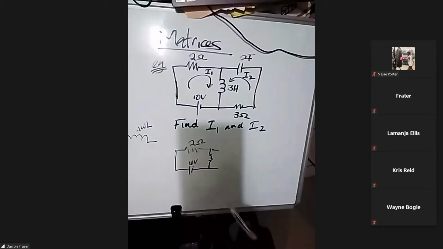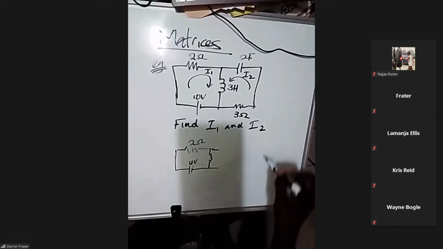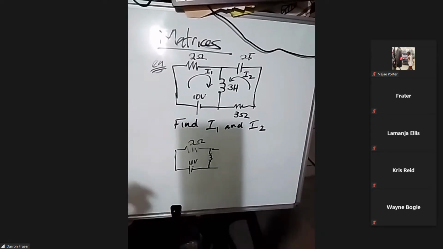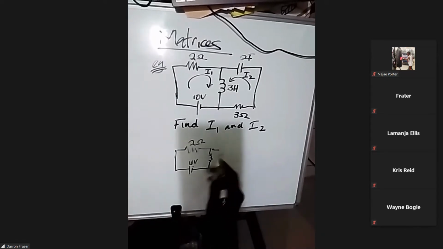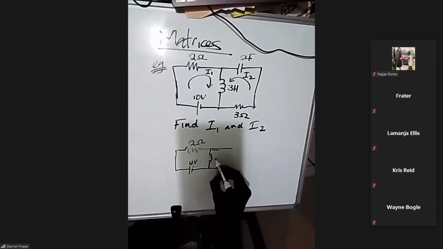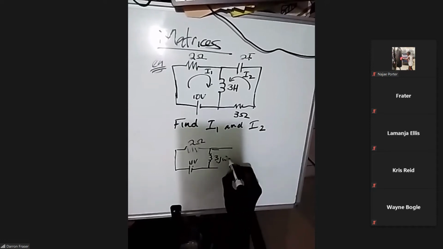All right, so we were saying that you can replace S by J omega, and there's a reason why I want to do that. So instead of writing 3S, we're going to write 3J omega.